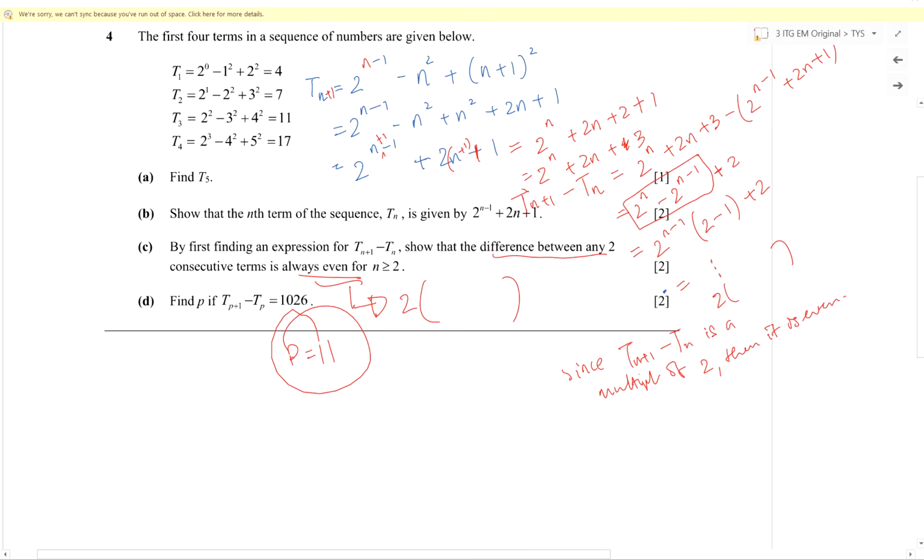You all still talking about 4D, is it? Yeah, the value of P is 11, yes? Oh, you are talking about this condition over here, is it? You don't need to explain why it has to be greater than or equal to 2. No need.